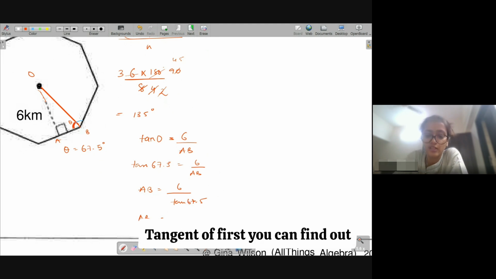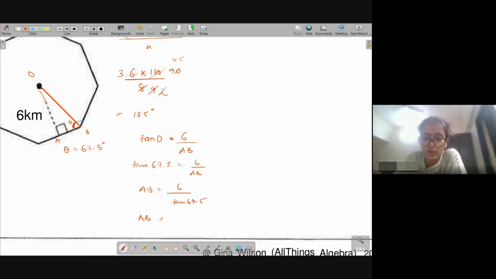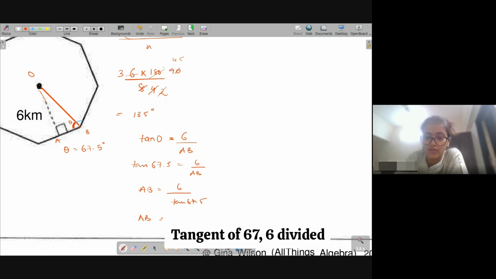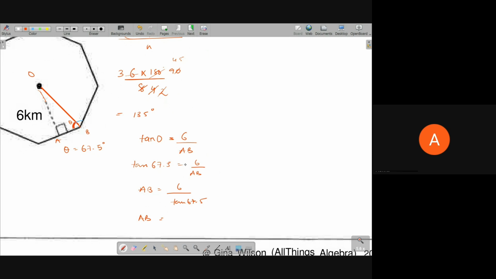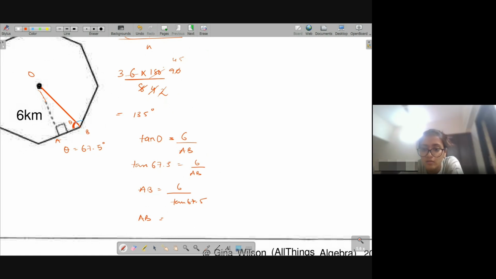First find tangent of 67.5, then 6 divided by the answer. I got 2.4142. 6 divided by 2.414.